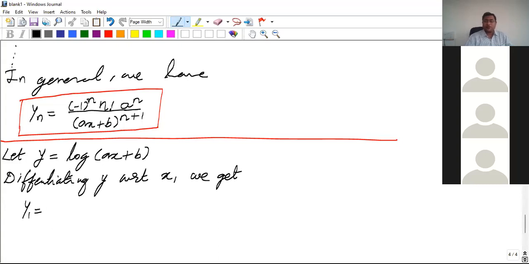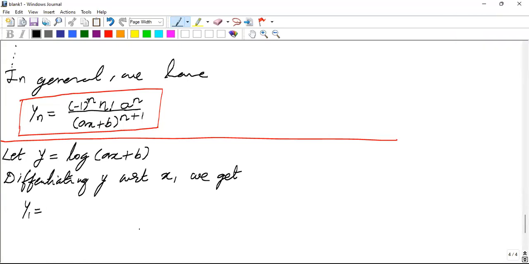But if it is a function, we have to modify the formula: it will be 1 upon f of x times the derivative of f of x. So the derivative of log of (ax plus b) will be 1 upon (ax plus b) times the derivative of (ax plus b).